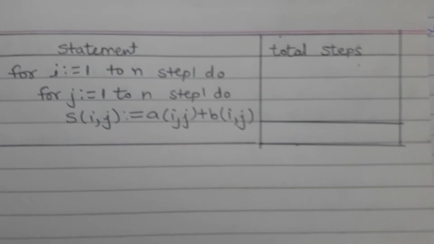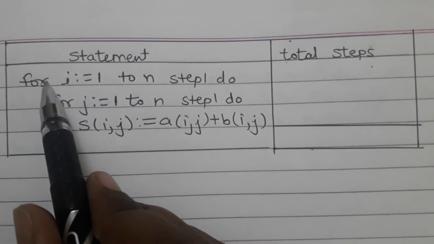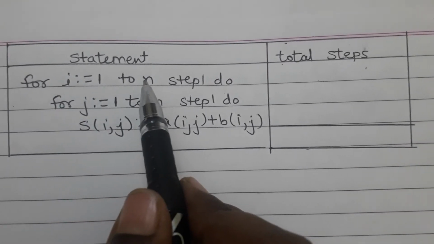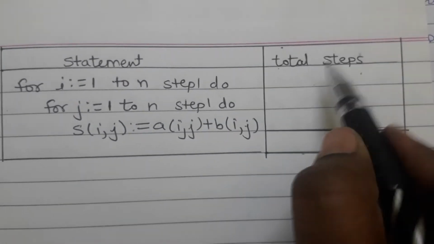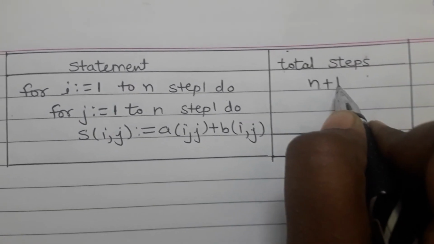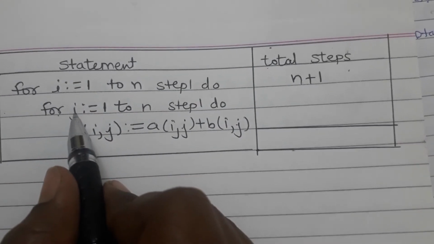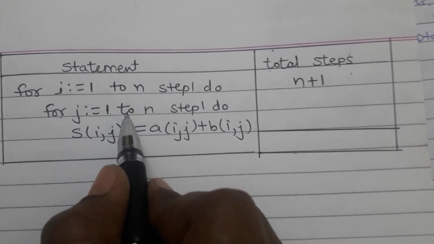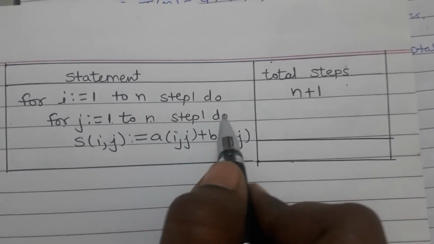Now this is one of the examples. Within this, the for loop is i is equal to 1 to n, step 1 do. This statement will be executed n plus 1 times. Again within this, we write for j is equal to 1 to n, step 1 do.